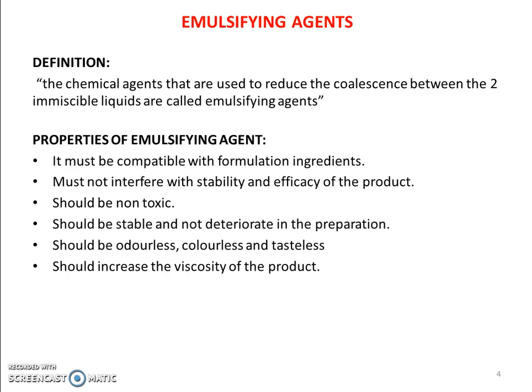Fourth, it should be stable and not deteriorate in the preparation. It should be odorless, colorless and tasteless, and it should increase the viscosity of the product. The increase in the viscosity of a product is required in order to maintain the stability of the emulsion.